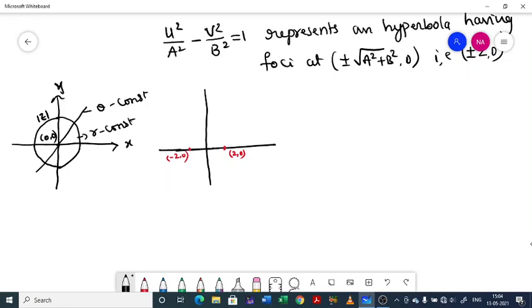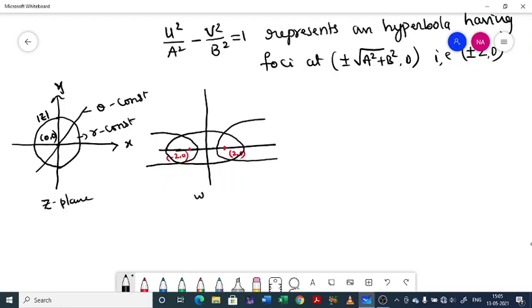Sorry, it is an ellipse, and corresponding to this straight line for theta constant, we will be having a hyperbola.